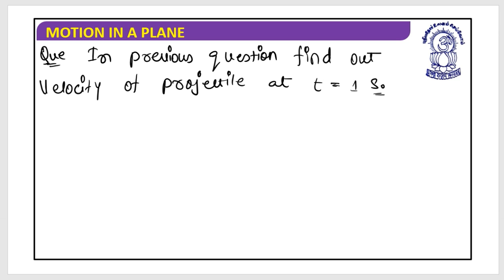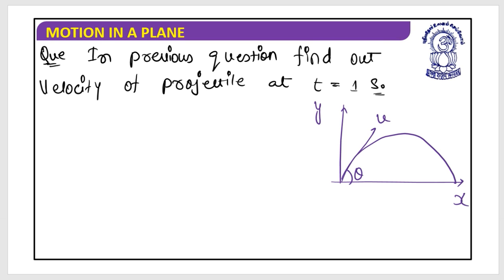Yes, what they asked to find out is the velocity of a projectile, and they require the velocity of the projectile at t equals 1 second. So let's first have a sketch of what the situation could be, what they require, and how I can calculate this. This is the situation. Yes, this is the projectile that has been thrown with an angle theta. Now if I find out the time of ascent, it has been 1.5 seconds.